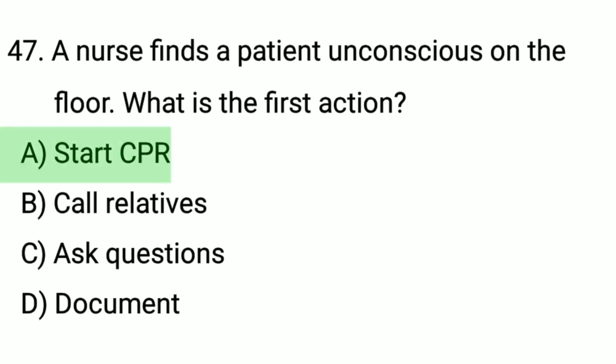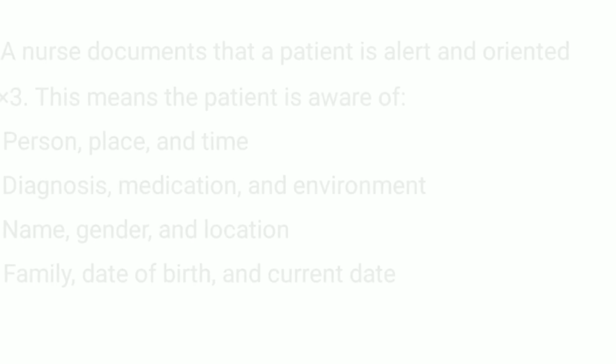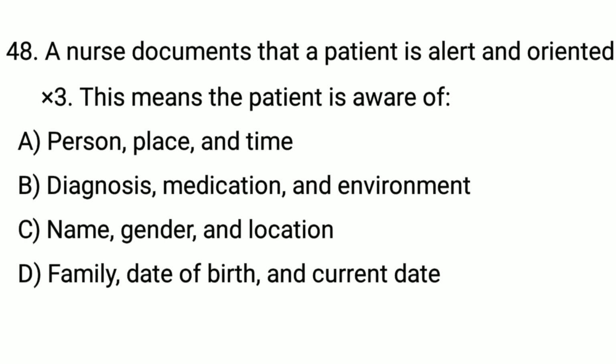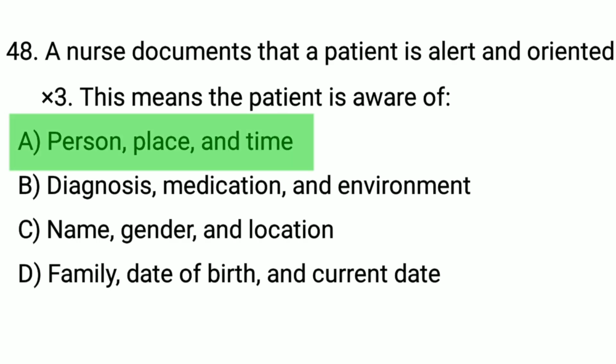The right option is option A, start CPR. Question number 48. A nurse documents that a patient is alert and oriented times 3. This means the patient is aware of. The right option is option A, person, place and time.